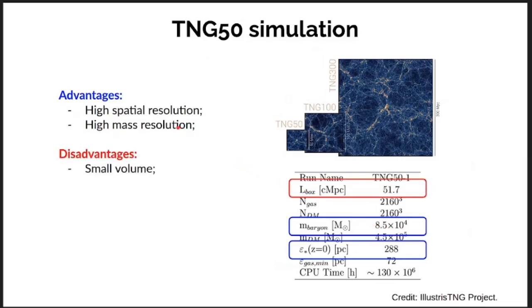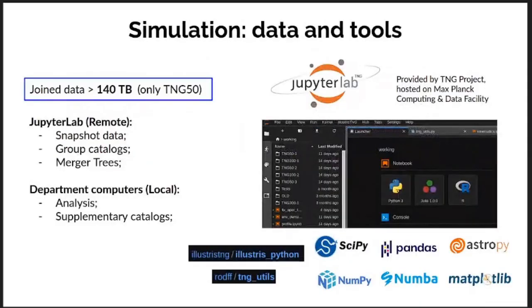There are some disadvantages to using this suite because it's a fairly small volume, but we have to balance the two things when we work with simulations. Regarding the simulation data, it's very data-intensive work.